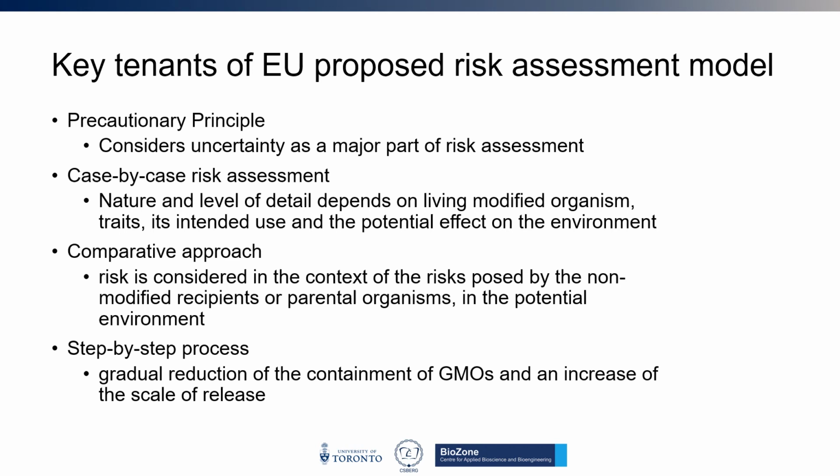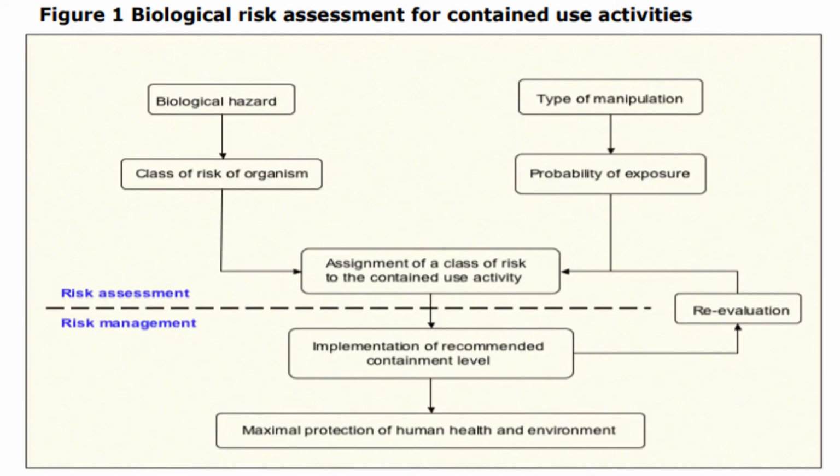As things are shown to be gradually safer, you can reduce the level of containment or the scale of release. So, say something initially with a high level of uncertainty is assessed as requiring more containment. As that technology is shown to be safer over time, maybe you can reduce the level of containment and increase the scale of release.